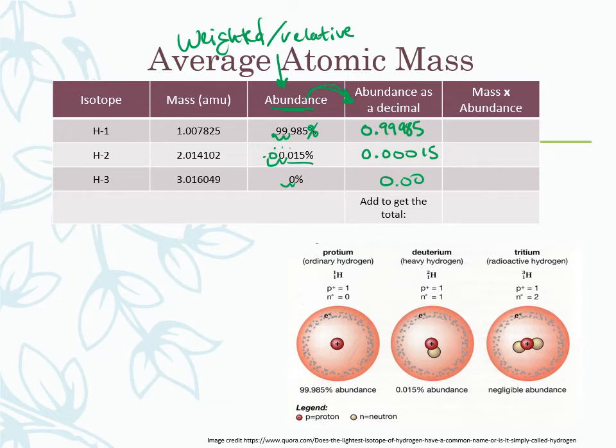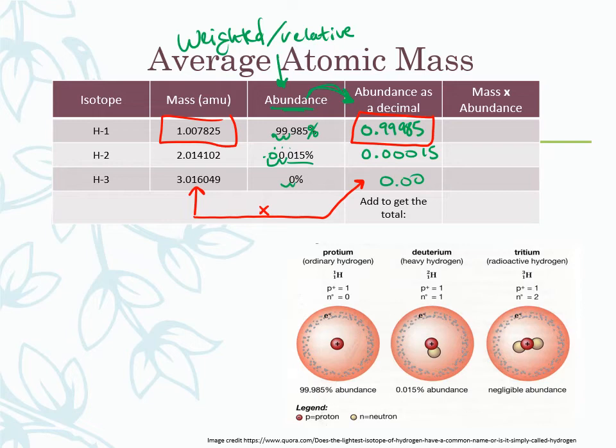Our next step, we're going to multiply the mass by the abundance. So I'm going to take that mass and multiply it by the abundance as a decimal. So mass times decimal abundance. 1.007825 times 0.99985.